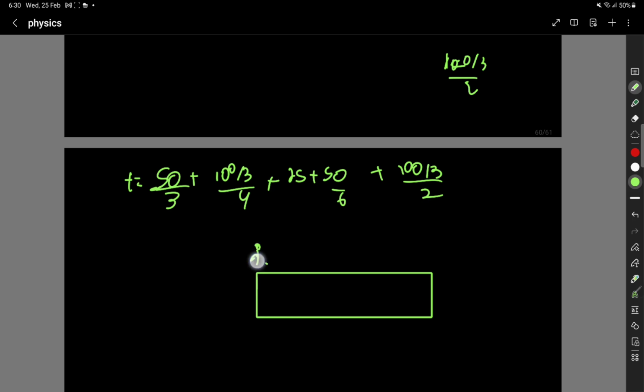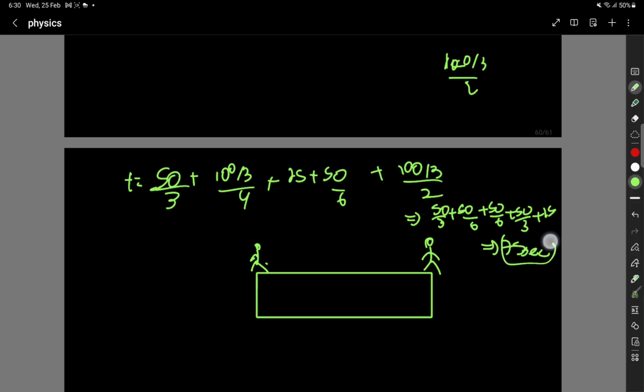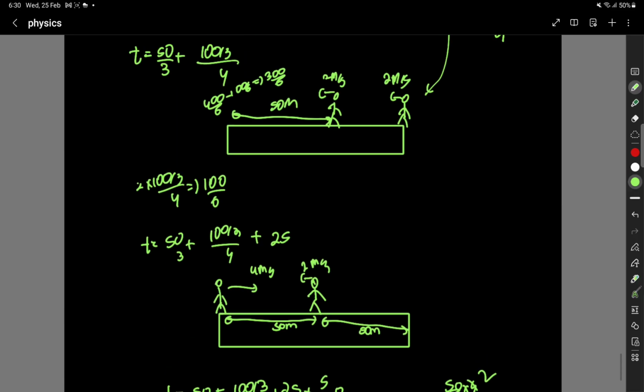At this time they will be looking at this. So they have reached their endpoints, and this will come out to 50 by 3 plus 50 by 6 plus 50 by 6 plus 50 by 3 plus 25. It will come out to be 75 seconds. So clearly after every 75 seconds the same thing will happen.